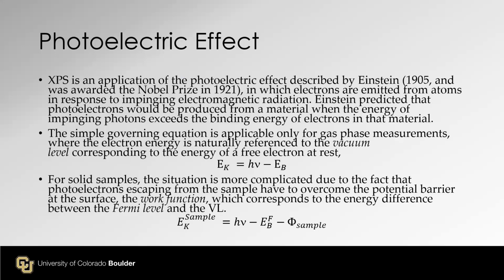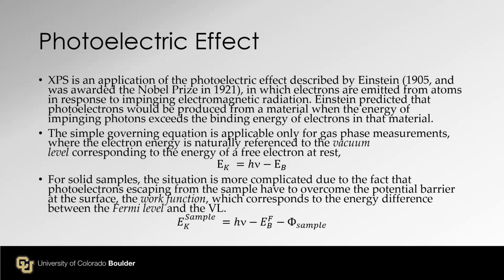The simple governing equation for the photoelectric effect is EK, the kinetic energy of the photoelectron, equals the energy of the incident photons minus binding energy of that core electron. But this is only applicable for gas phase measurement, where electron energy is naturally referred to the vacuum level, correct, and energy of the free electron. So it's many assumptions there.